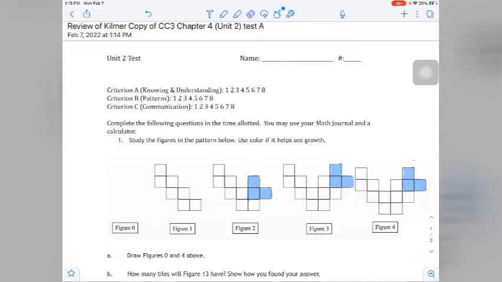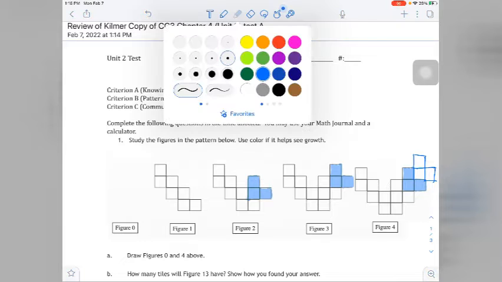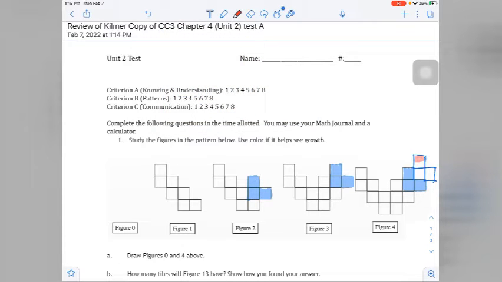Sorry, my new tiles would be another little L shape like this. So that's what your figure 4 should look like. Your figure 4 should have just added these tiles here.